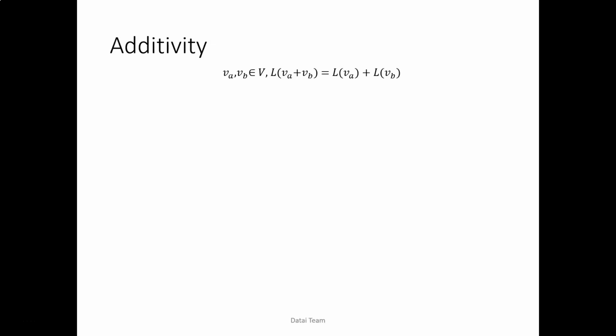So we have the vectors A and B, and let's say that we get B3 when we add them, and the transformation of the combined vector must be the same as transforming the vectors separately and then adding them. Let's do an example so you can see it clearly. We have x, y, and the vector (x, y) is mapping to the vector (2x, x plus y, x minus y).